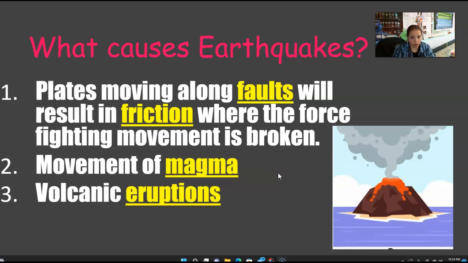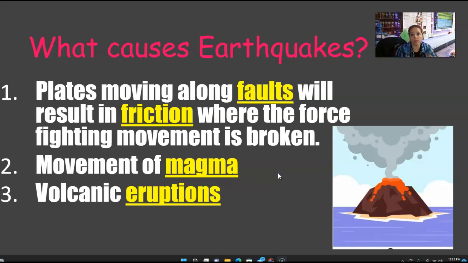Movement of magma. If we look a couple pages back, you saw the inside of the earth, right? You start with the inner core, then you have the outer core, and then that big orange chunk was the mantle. And right around the mantle, you have movement of magma, because what's under the crust? It's molten magma.